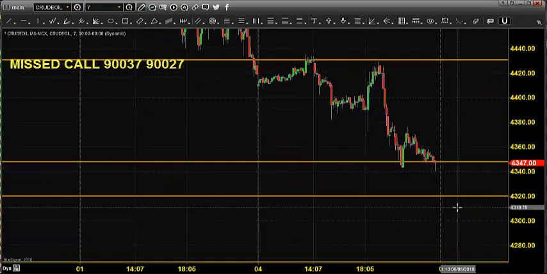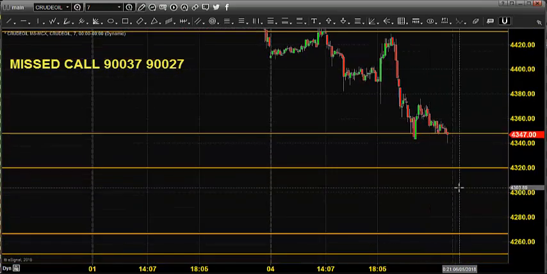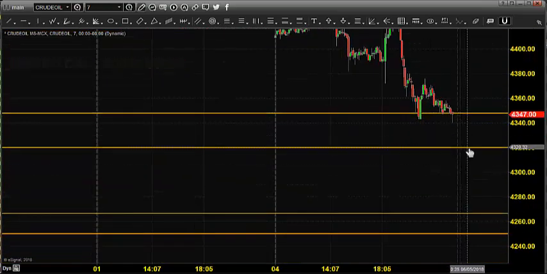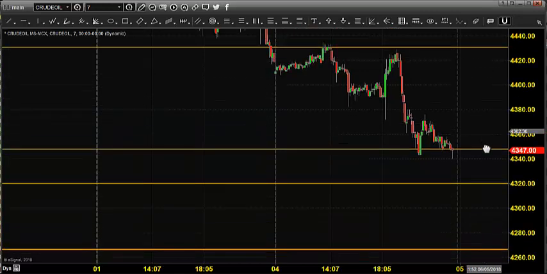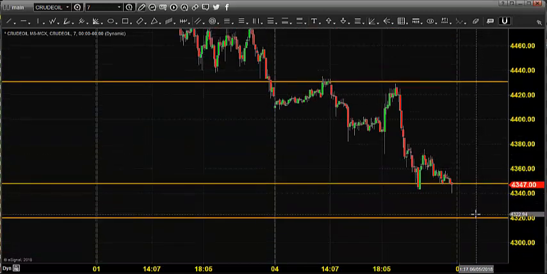To be on the safer side, you can wait for the price to come down, and we had marked various support levels. Whenever the price is testing the supports, like 4,320 or 4,266, you can go and buy a call option.